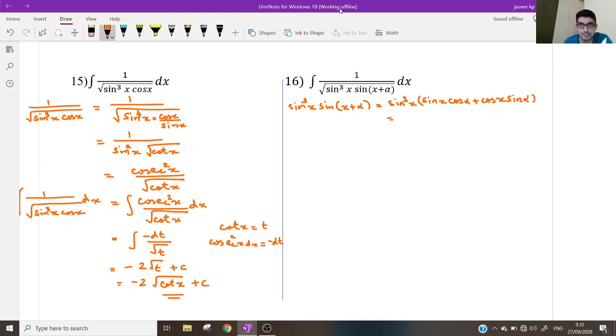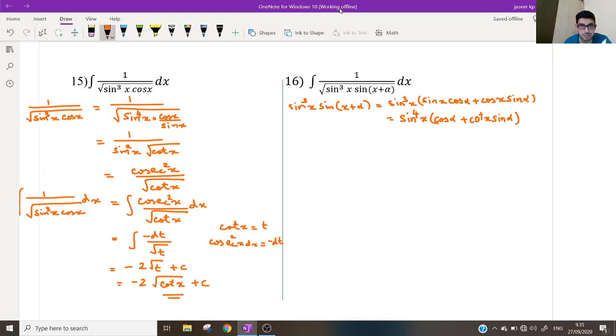Now suppose the sine is taken outside, so it will become sine to the power 4 x, then cos alpha. Here it will become cos x by sin x because sine is taken outside. So it will become cot x into sine alpha.